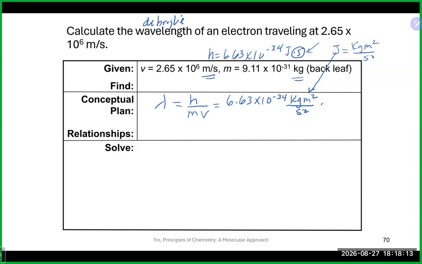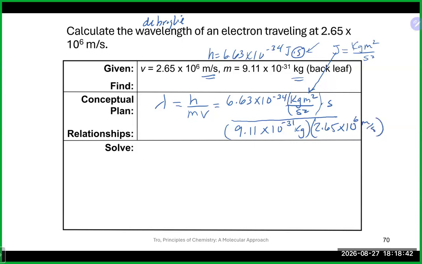So we still have a second up there on top in terms of the unit being multiplied, and what I just put in parentheses is just the joule part of the units. We're dividing by our mass, which was in kilograms, which is good, and our velocity, which is also in meters per second, which is good as well, 2.65 times 10 to the 6 meters per second.